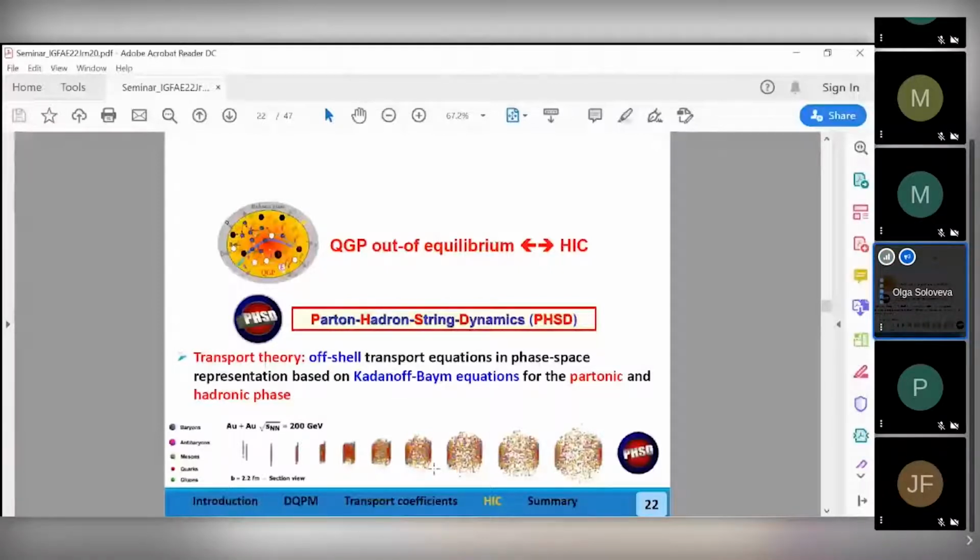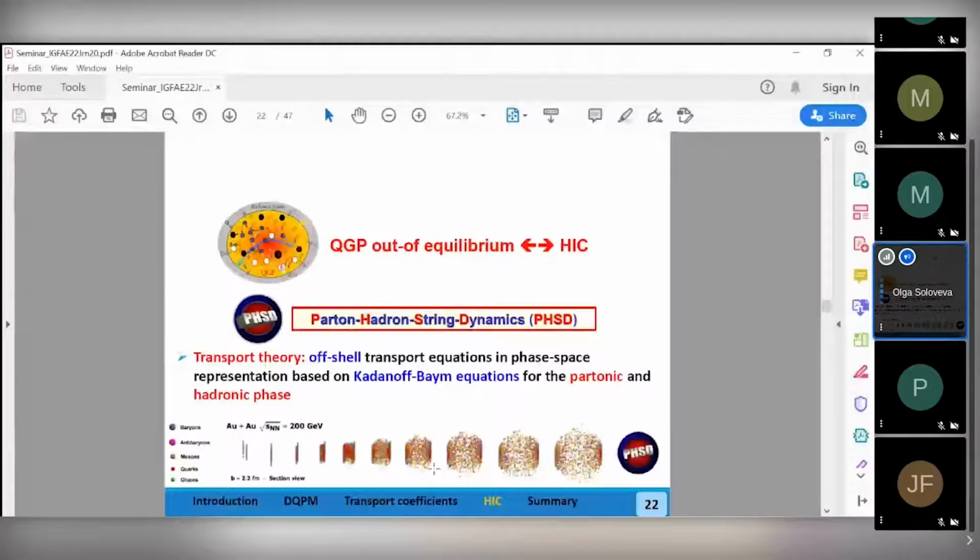So, a brief overview of PHSD. It starts from the initial nucleon-nucleon collision, where the Lund string model is used for string formation, and then the string decays to the prehadrons, baryons, and mesons.